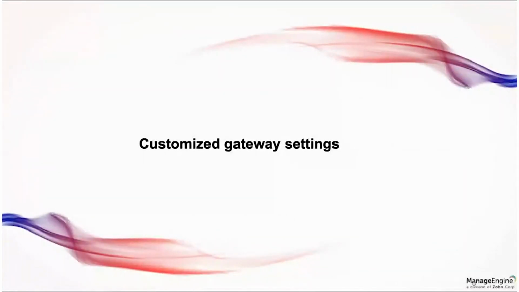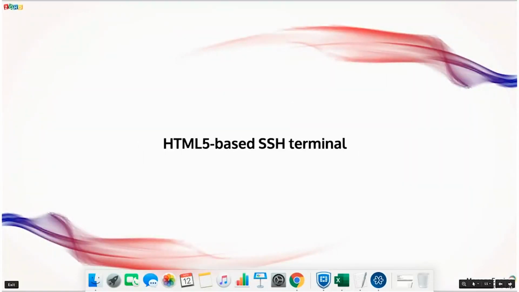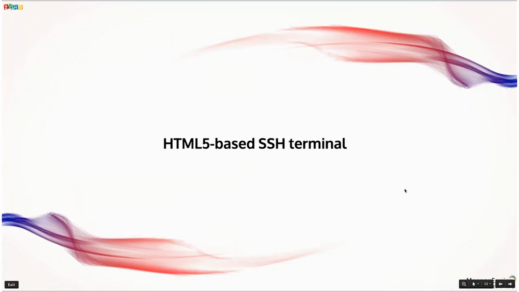And the next one is going to be the new HTML5-based SSH terminal. All right. So in the latest version, you can make use of the new lag-free SSH terminal that uses the WebSocket API, which will be faster and more responsive.